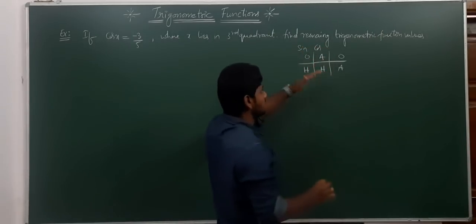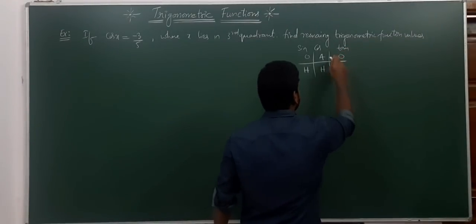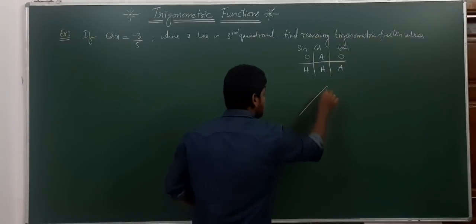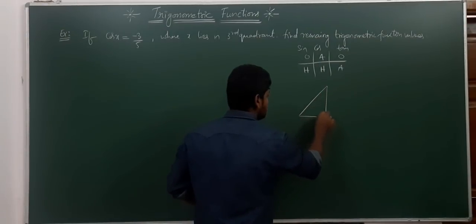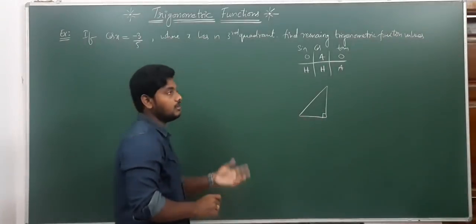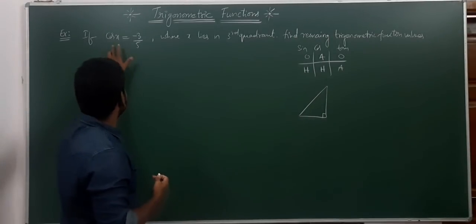Cos is adjacent by hypotenuse. Tan is opposite by adjacent. Here, using a right angle triangle with this acute angle, we generally find the remaining trigonometric values.